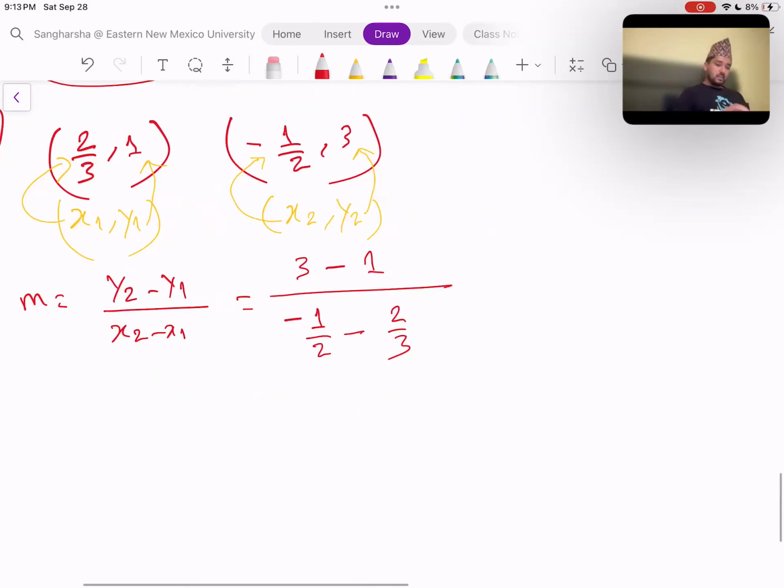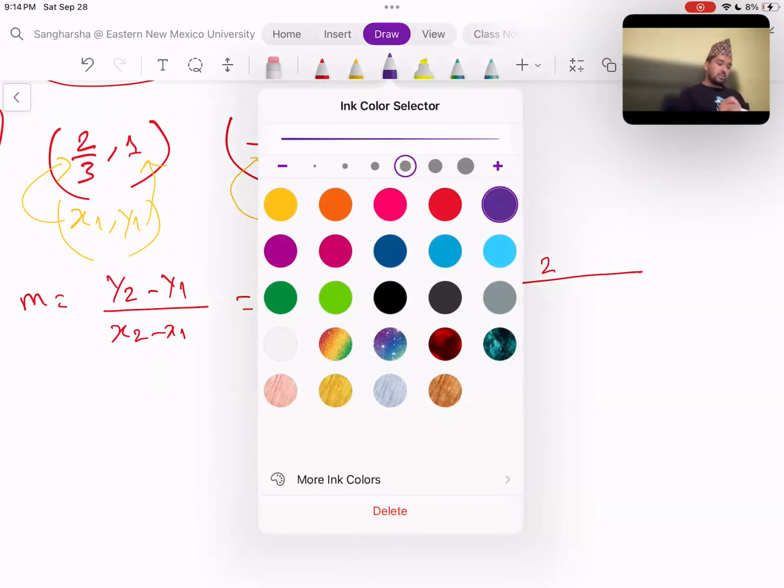Now this is 3 minus 1 in the numerator, which is 2, divided by the difference of two fractions. In order to find the difference of two fractions, we need a common denominator. So we have denominators 2 and 3. What would be the common denominator?